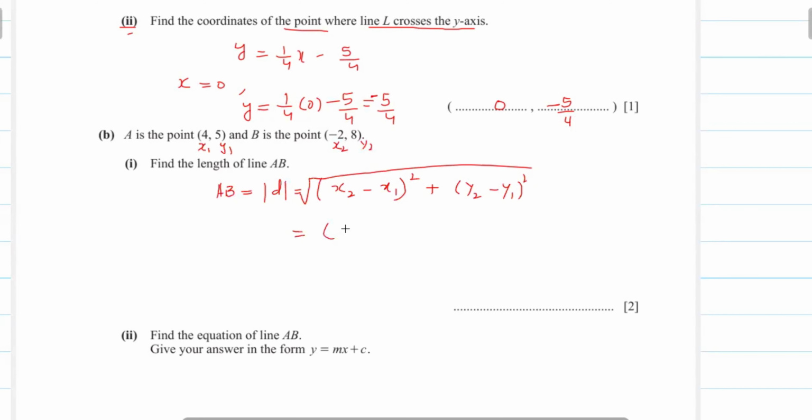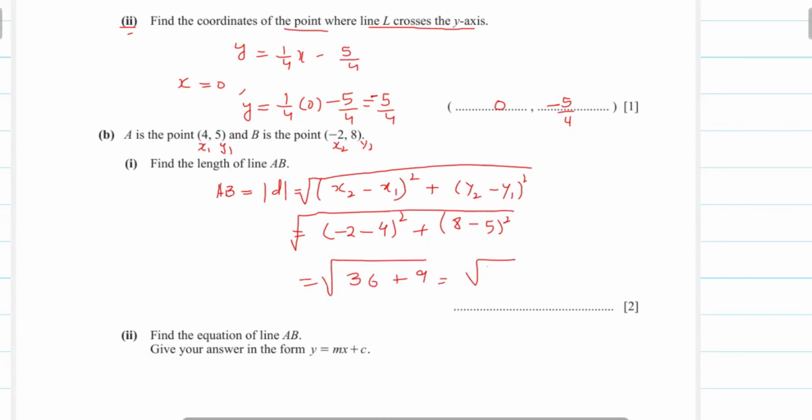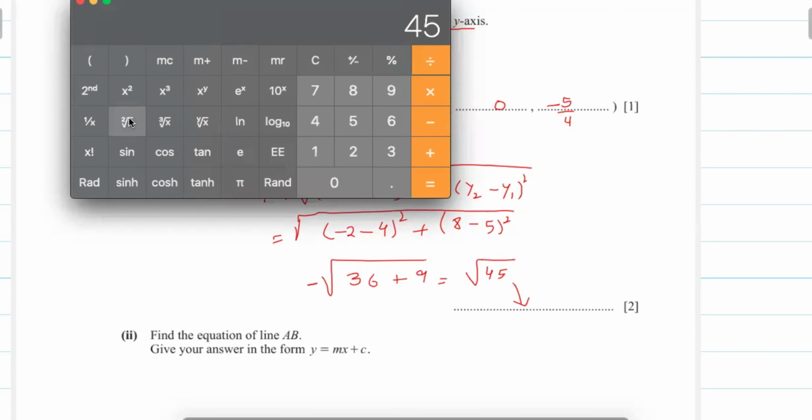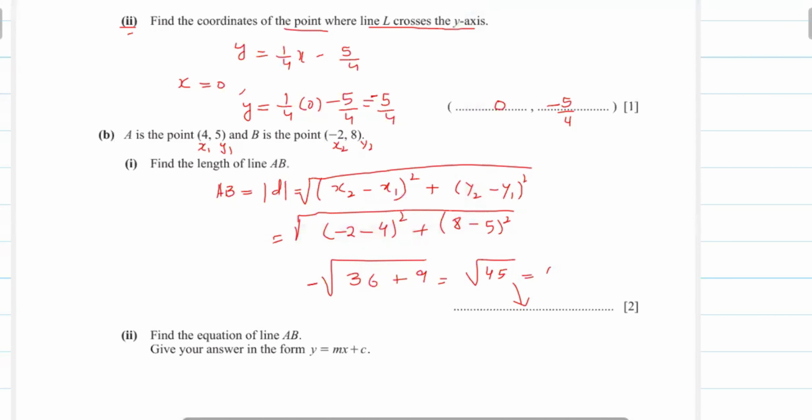We can write x2 is minus 2, x1 is 4, so minus 2 minus 4 whole square, and y2 is 8, y1 is 5, so 8 minus 5 whole square. This will be equal to minus 6 whole square, which is 36, and 3 whole square, which is 9. Therefore we can write it as square root of 45. Square root of 45 is equal to 6.70 in decimal. 6.70 is the answer.